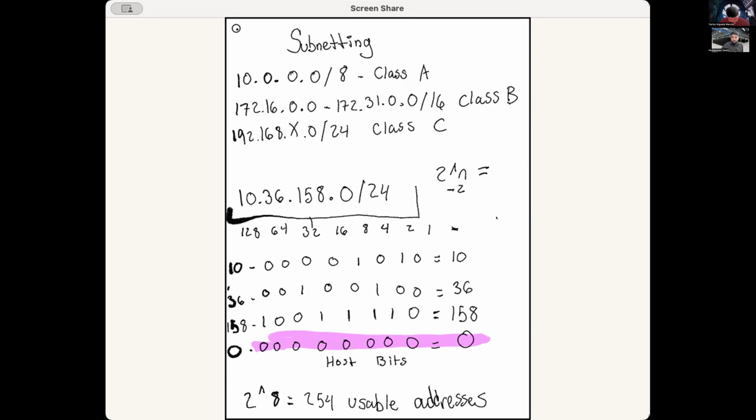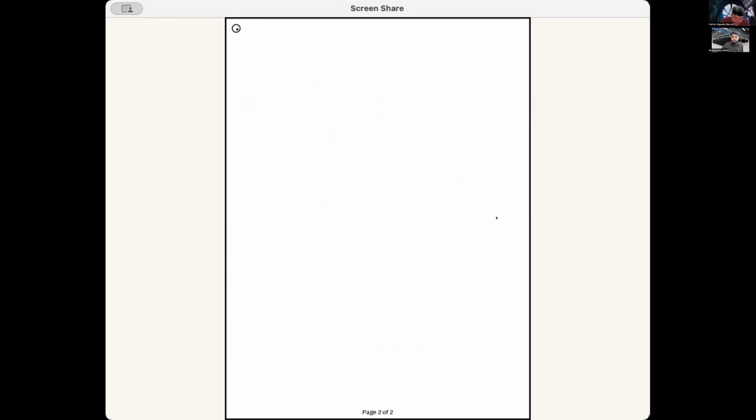Okay, so let's do another example, and this is good. Again, the point of this is for us to strengthen our foundation. So we'll do another more complex example. I'll go with 10.0.128.17 slash 24.